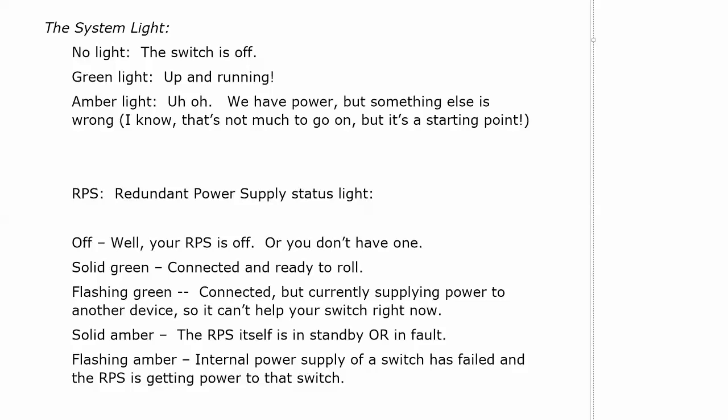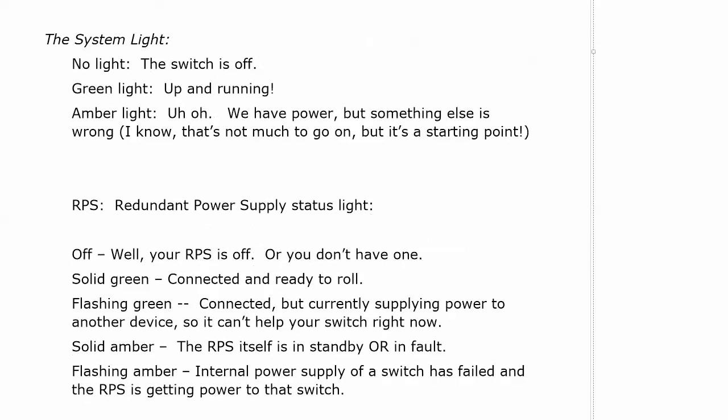Solid amber means the RPS itself is in standby or in fault. There's a standby button on the RPS that you could press. If you hit that, it should come out of standby. But it could be in fault itself, as this mentions. Flashing amber means that the internal power supply of the switch has failed and the RPS is supplying power to that switch. So a lot going on there with those two.